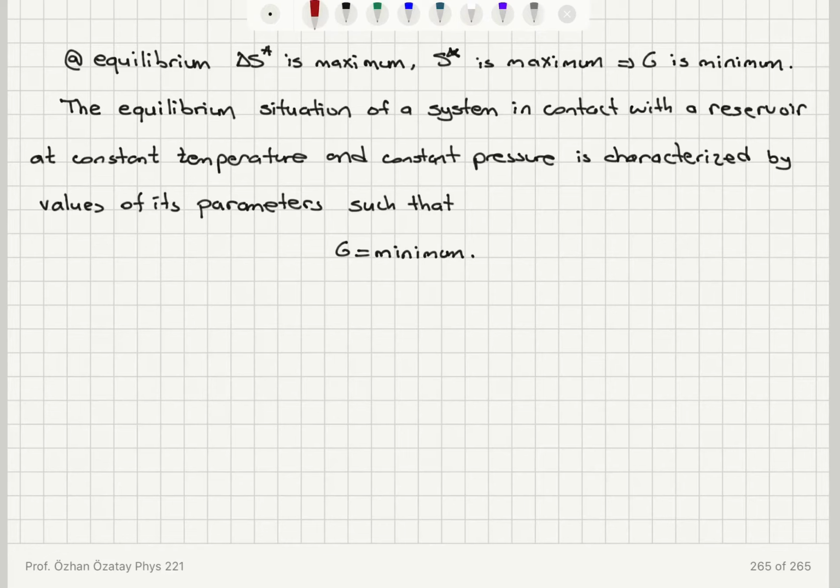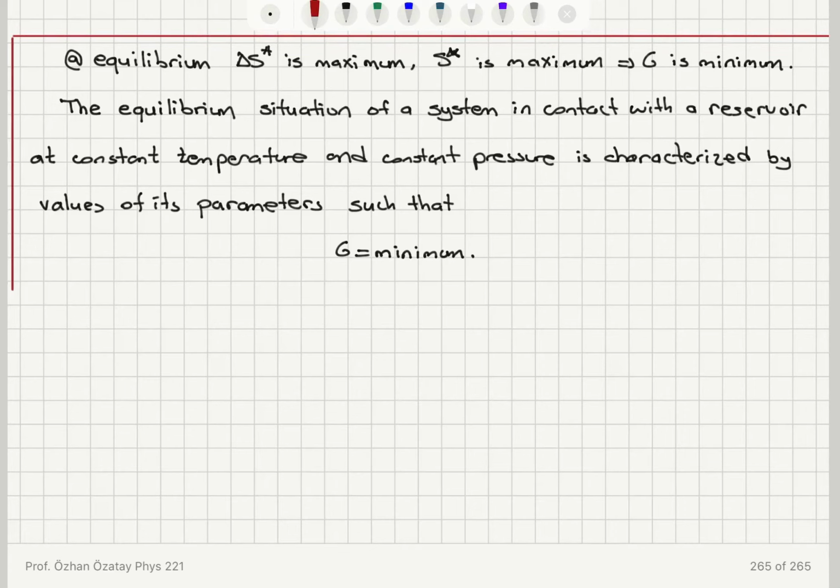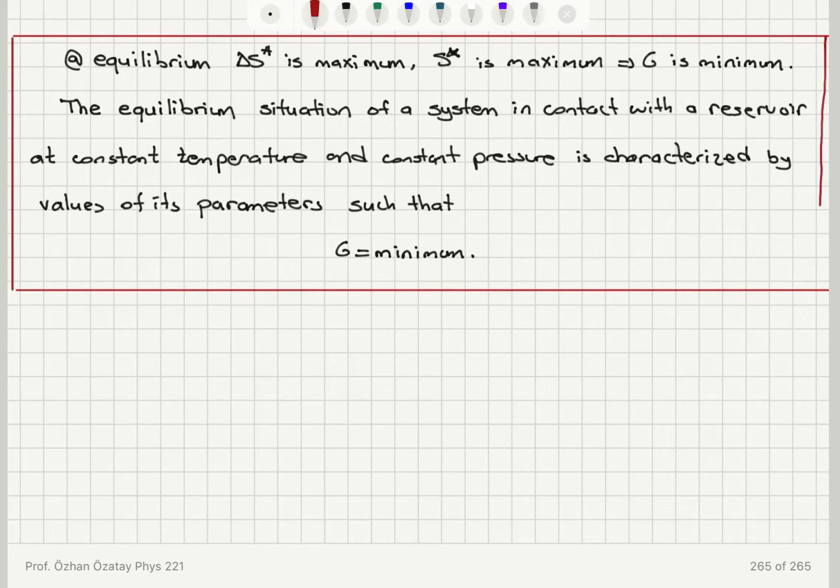So the statement of maximum entropy is equivalent to minimum Gibbs free energy. Maximum total entropy is equivalent to minimum Gibbs free energy of system A.